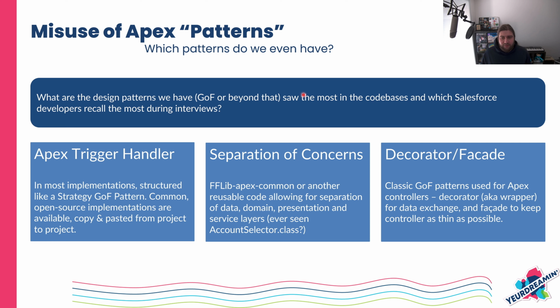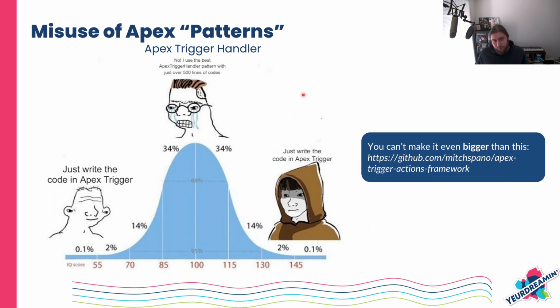A textbook example of it. And let's maybe go back to the Apex Trigger Handler, shall we? Have you ever seen a world without Apex Trigger Handler? If you were on a project, and it was quite a large one with existing database and code base, was there even a project without Apex Trigger Handler? Well, actually I saw one, and that was a project designed by a very knowledgeable person.